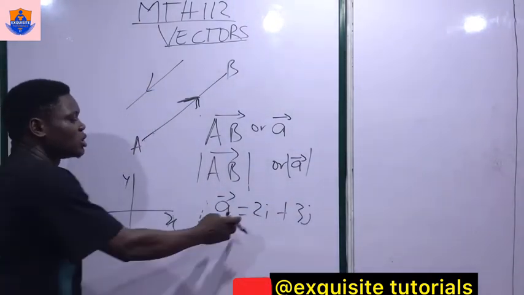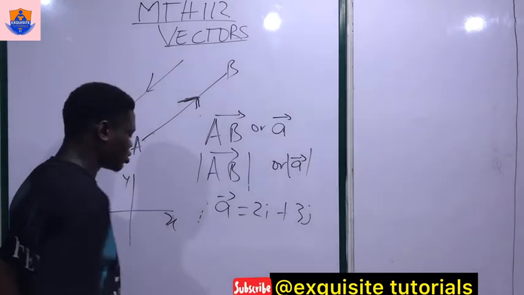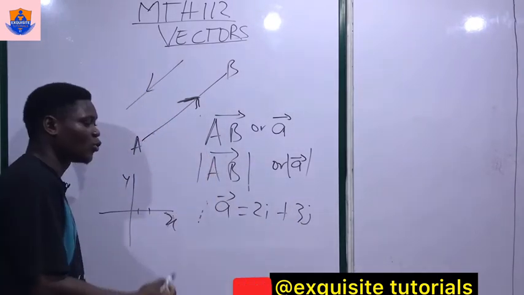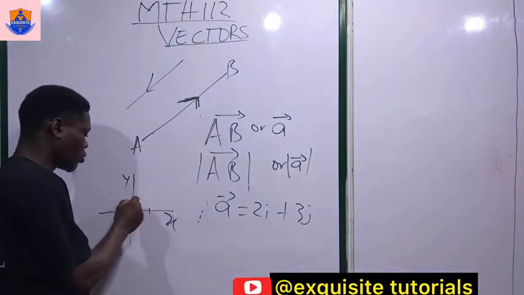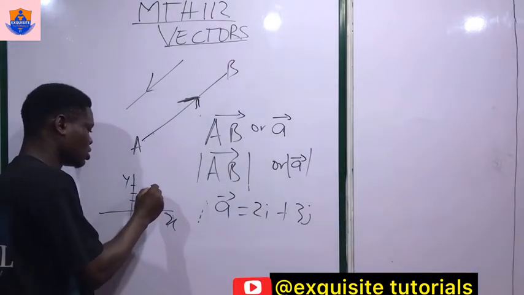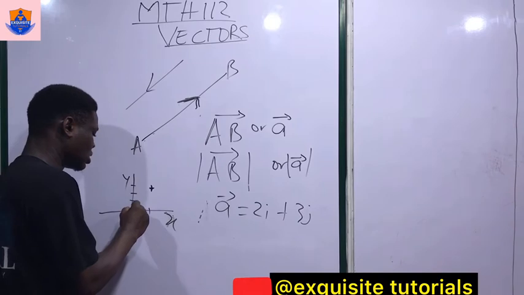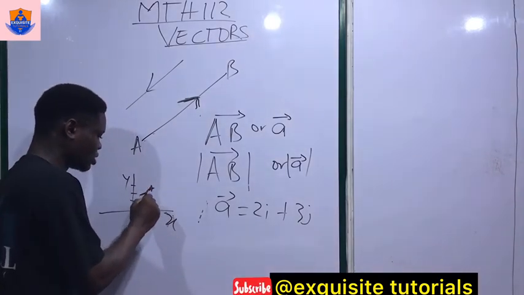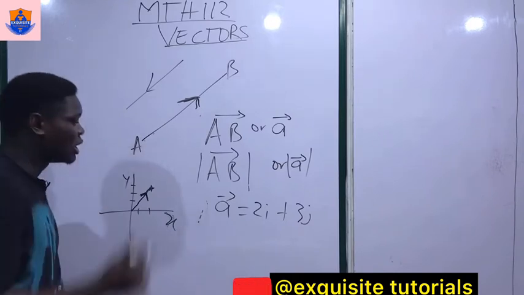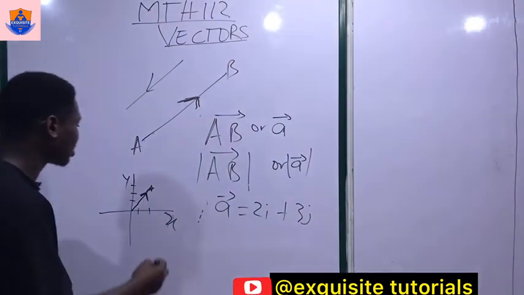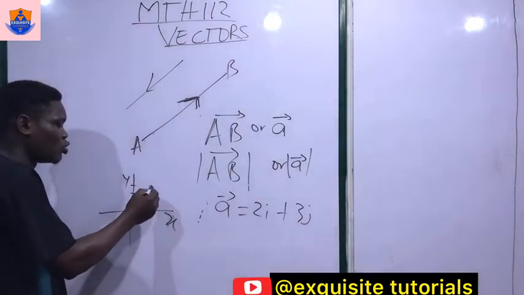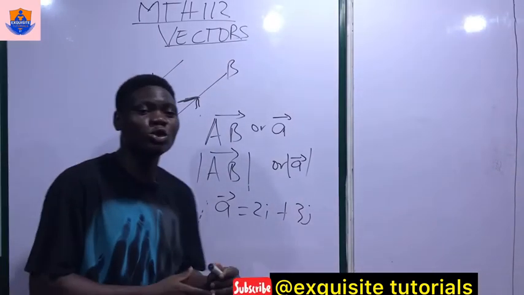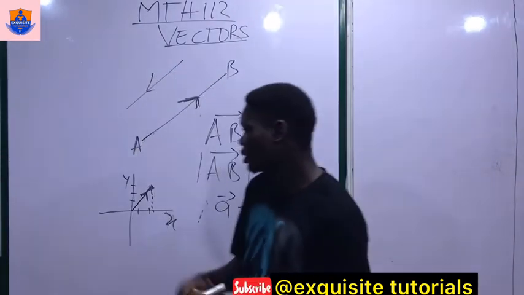So what this means is you move towards the positive x-axis twice, 1, 2, and move towards the positive y-axis 3 times, 1, 2, 3. So this is the point. This is actually the vector we are considering. Now the magnitude of the vector is the length of this place. You can use your Pythagoras theorem to get that. But in this video, we are not going to do any calculation. I'm just giving an instance.